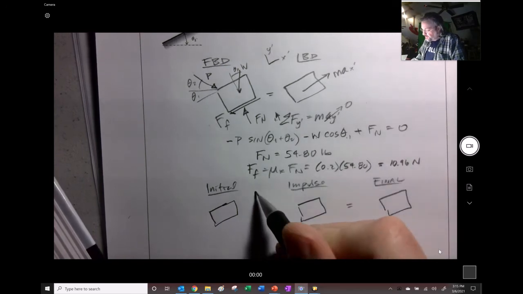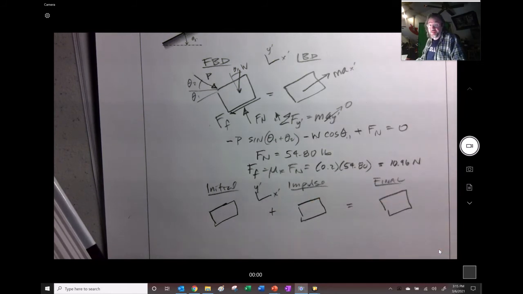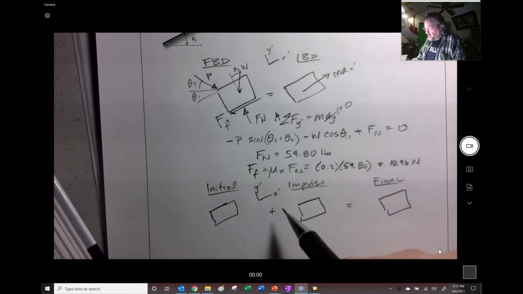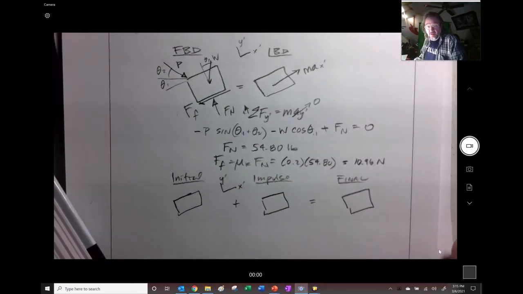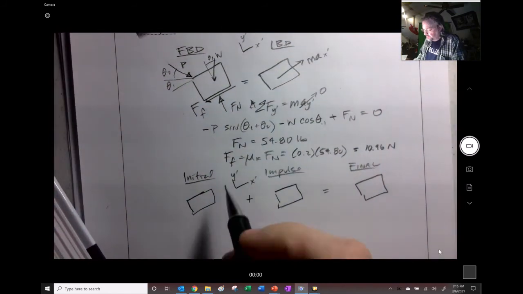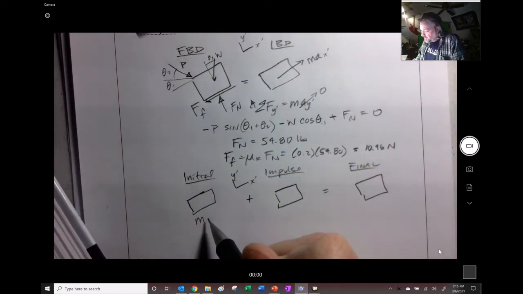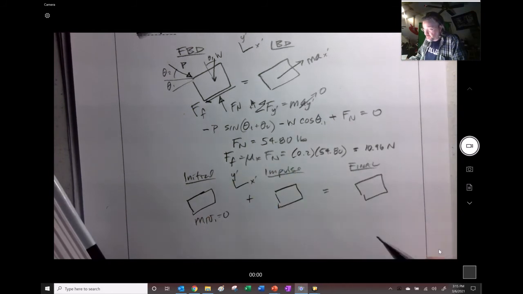It's happening to the thing, and I also want to define what my directions are, because we've got to remember that this is definitely a vector operation. So we need to define our coordinate axis. All right, so right here, the mass times velocity at state 1 is equal to 0.